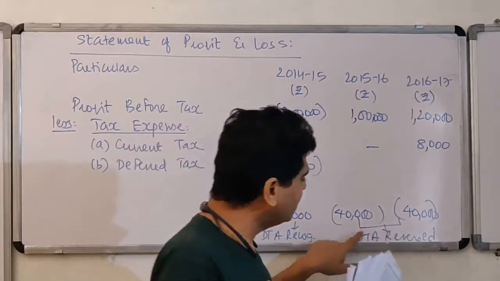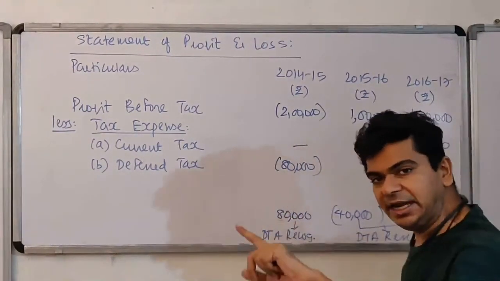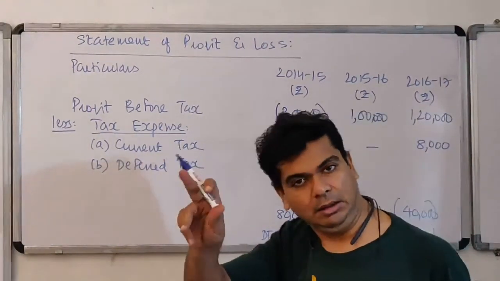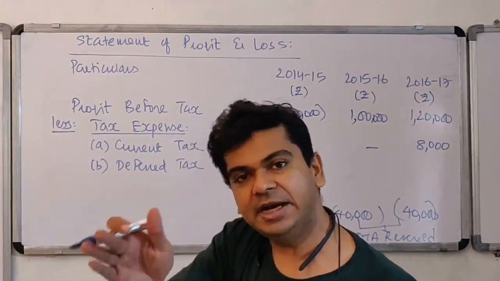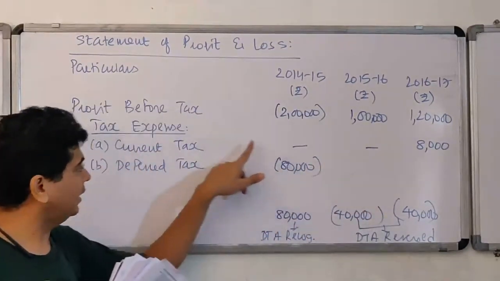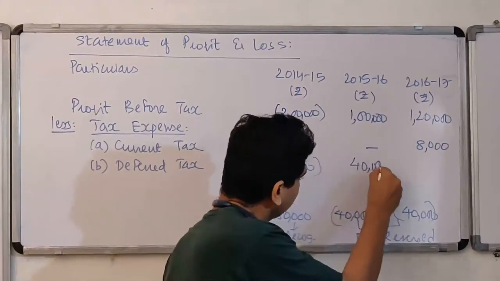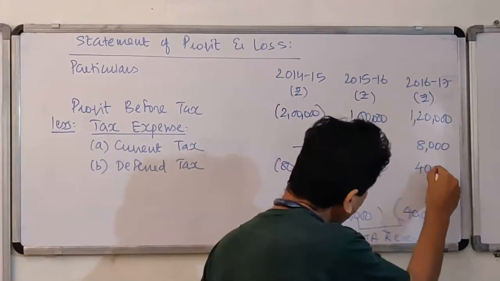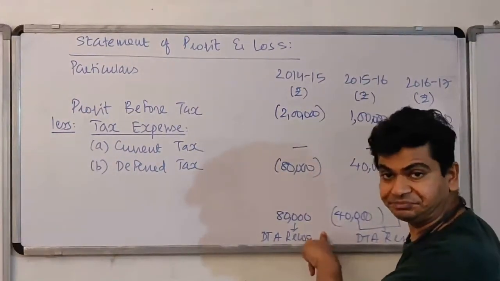DTA is getting reversed over here, right? My accounting entry here is DTA account debit to P&L. But when the DTA reverses, then my accounting entry will be profit and loss account debit to DTA. So now P&L will get debited. Debited means it's an expense. So this I will write as positive. This 40,000 also I'll write as positive. I hope you are comfortable with it.